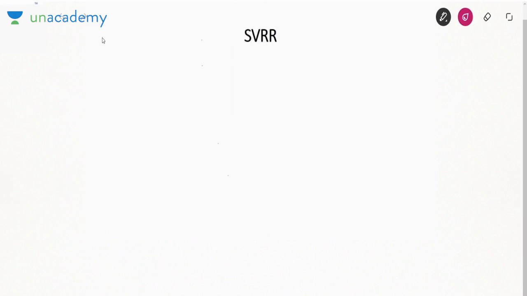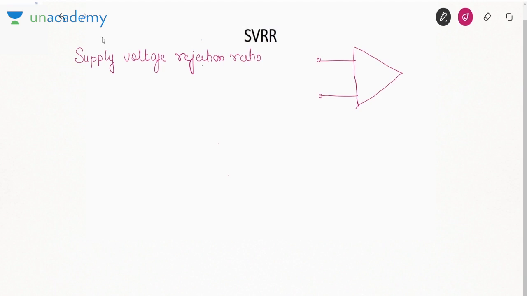The next term is called SVRR. The full form of SVRR is supply voltage rejection ratio. I told you in an Opamp there are two supply voltages. I am not talking about the two inputs, but the two supply voltages, plus V and minus V, shown here.